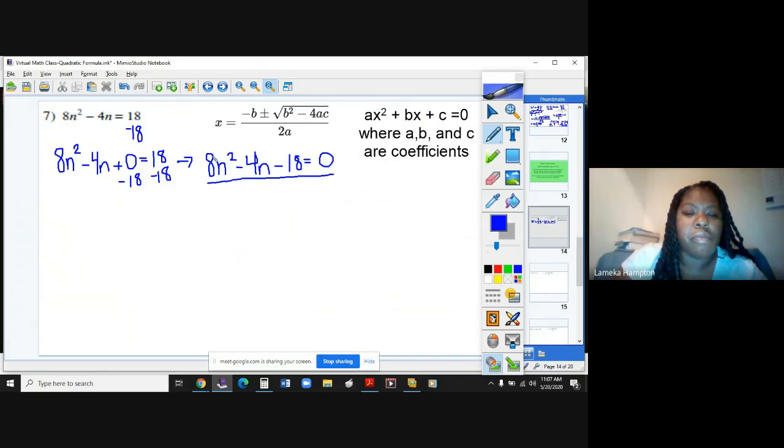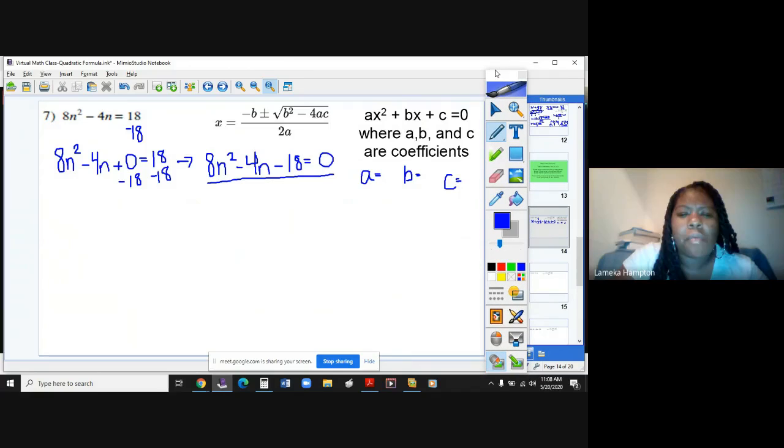So now we're simply going to use the quadratic formula up here to figure out what our answers are going to be. Who can tell me what A is going to be? I'll go ahead and write them out this time. A is going to be 8.